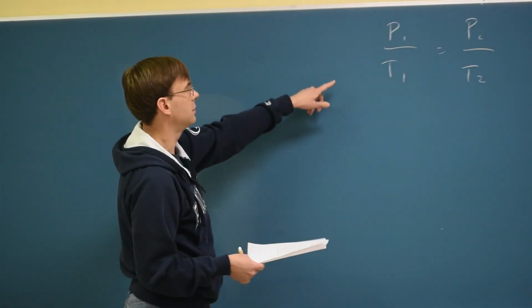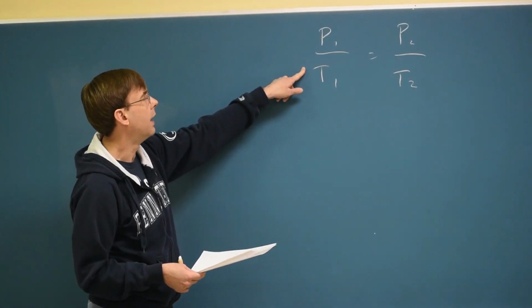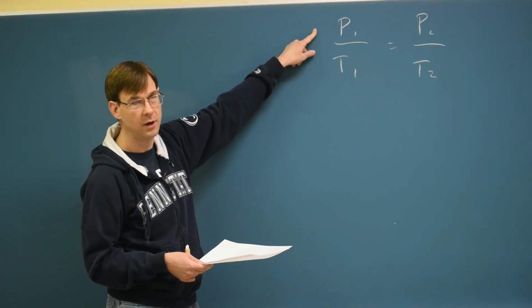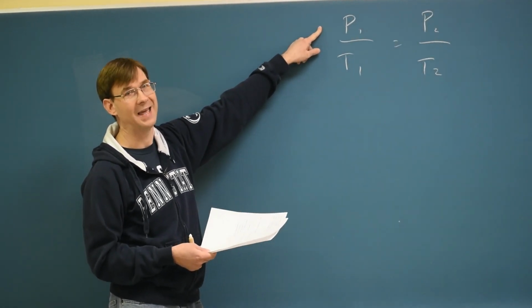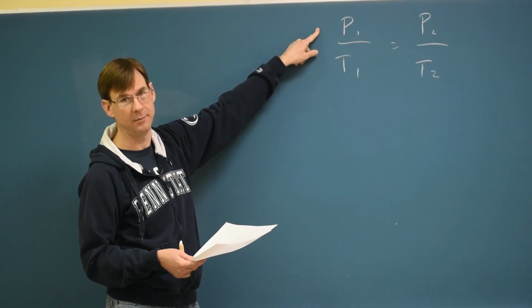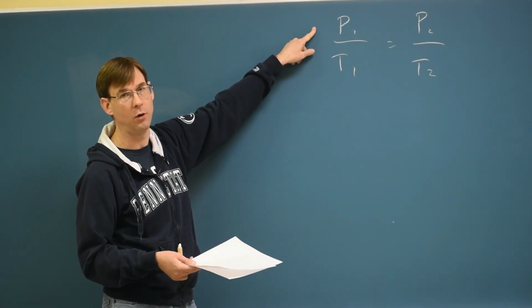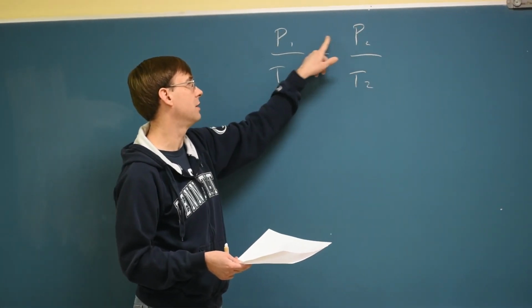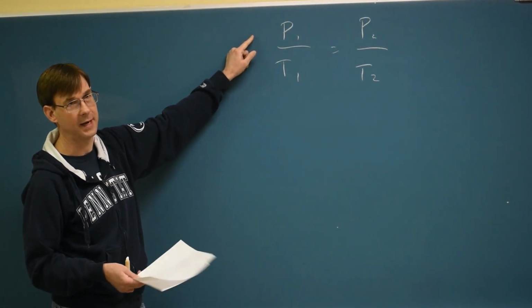So here's the equation du jour. The P's, as always, stand for pressure. Pressures could be measured with any of those 8 things from the quiz that we've memorized. The atm, the torr, that whole bit. There's 8 possibles. Again, the key is you have to make sure these 2 pressures are measured with the same thing.